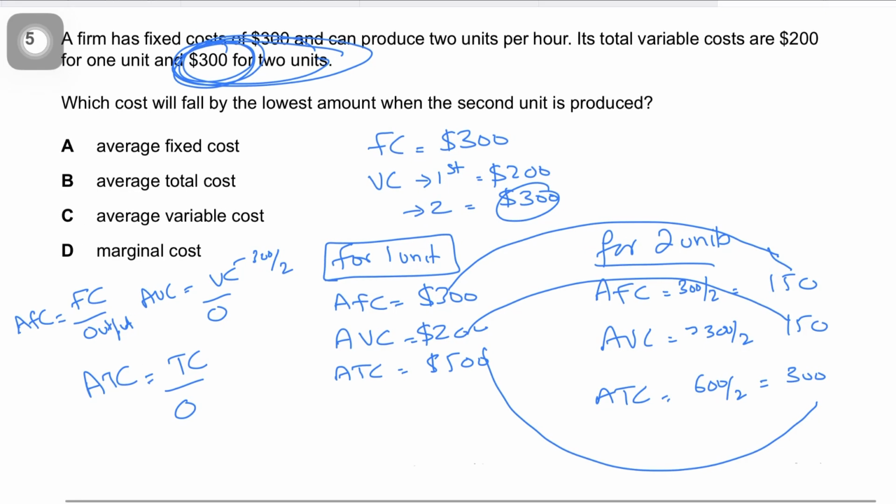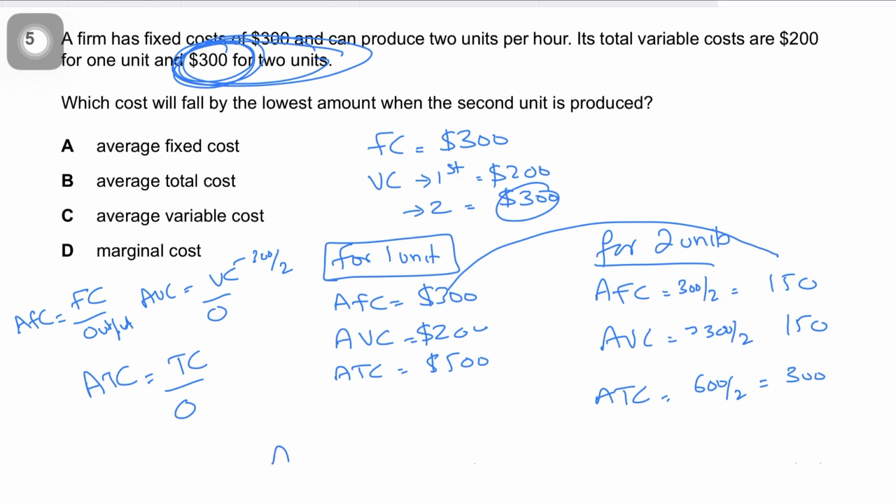Which cost will fall by the lowest amount when the second unit is produced? AFC is falling from 300 to 150, so it fell by 150.